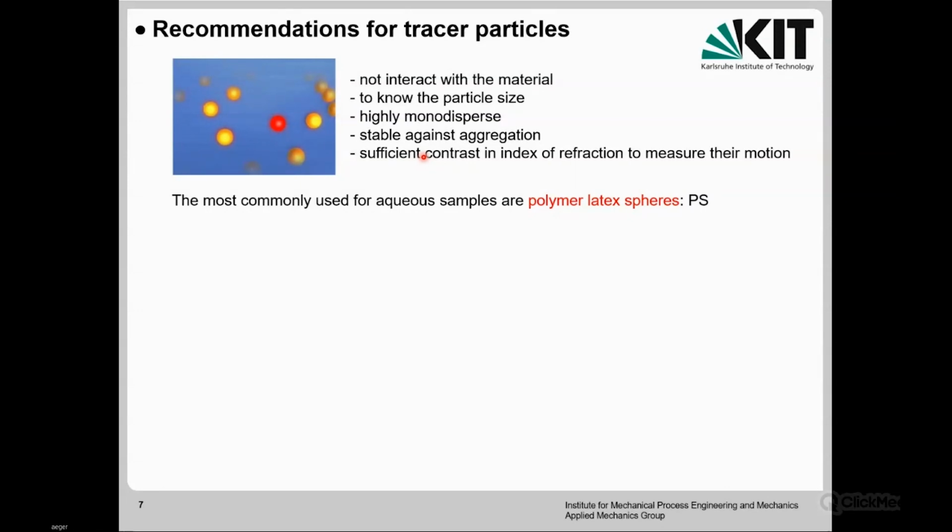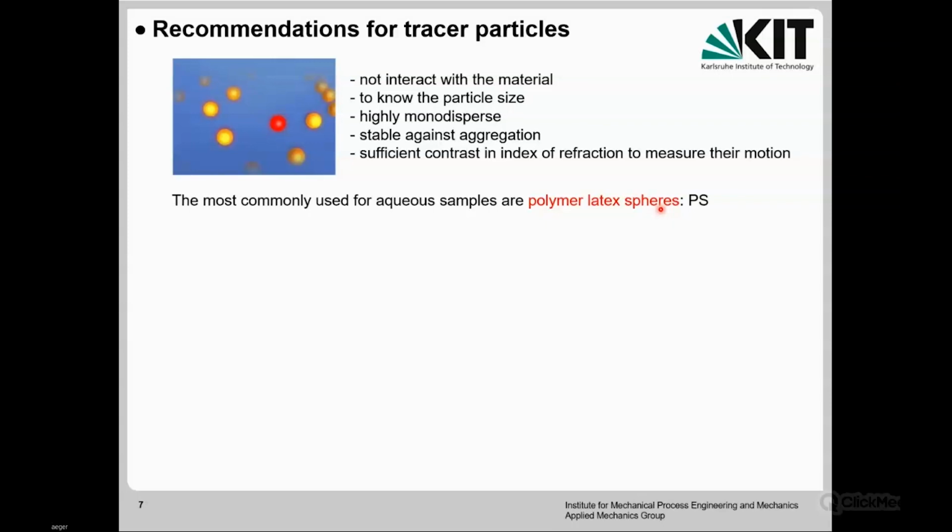If you deal with aqueous solution, which was mostly the case in our studies, the most commonly used tracer particles are polystyrene particles, with a size around 1 micrometer, or half a micrometer in diameter. We have also used titanium dioxide particles, as I will show you in the examples, but the most used are polystyrene particles.